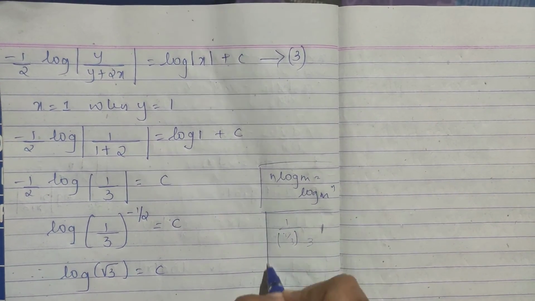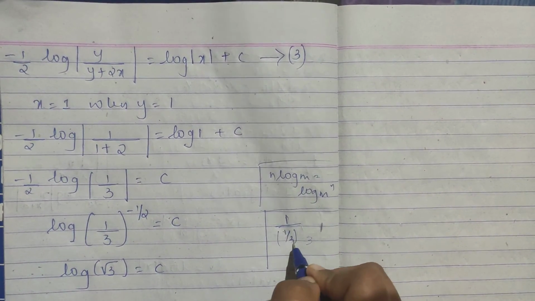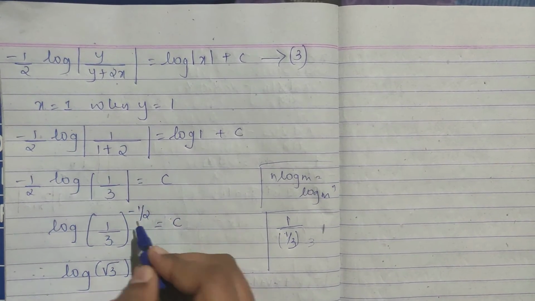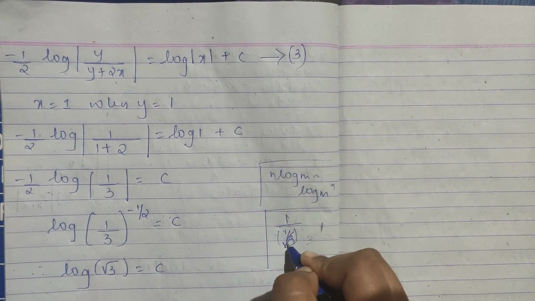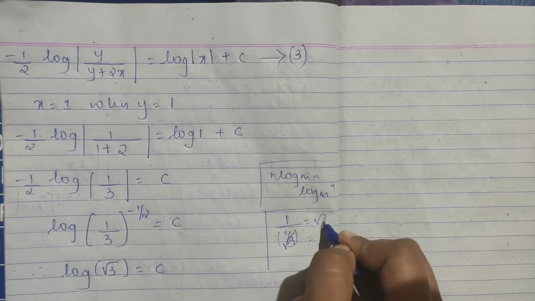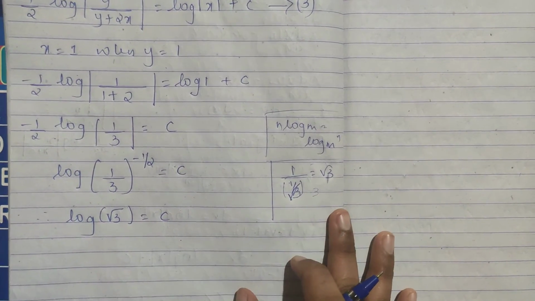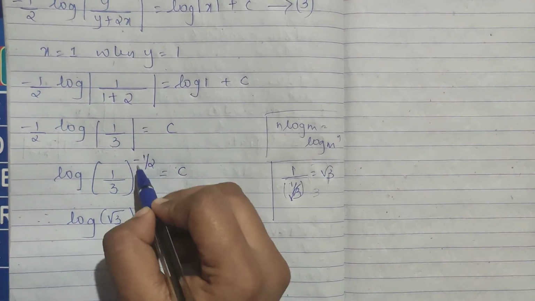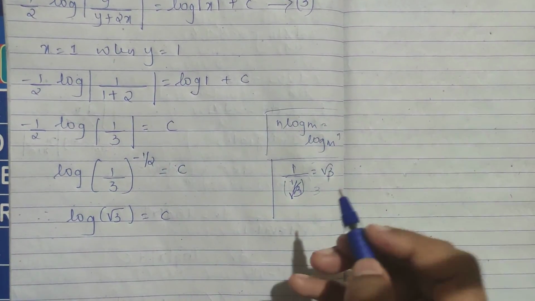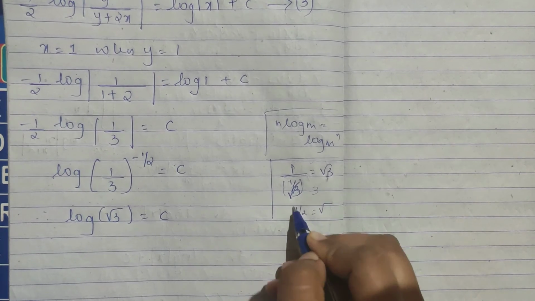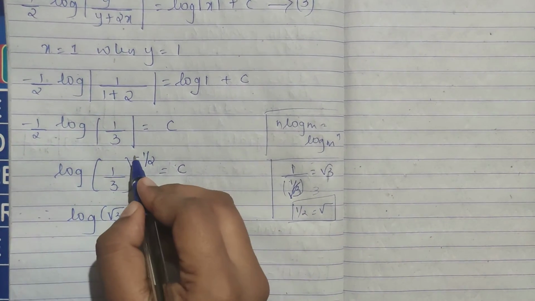How it is, 1 divided by 1 by 3, 1 by 2 means what, root only, right. So this I can take as root, so if it goes here it becomes root 3 only, so directly I have written root 3 equal to c. 1 by 3 raised to 1 by 2 means root, 1 by 2 is always your root value, and here it is 1 by 3 with minus, right.